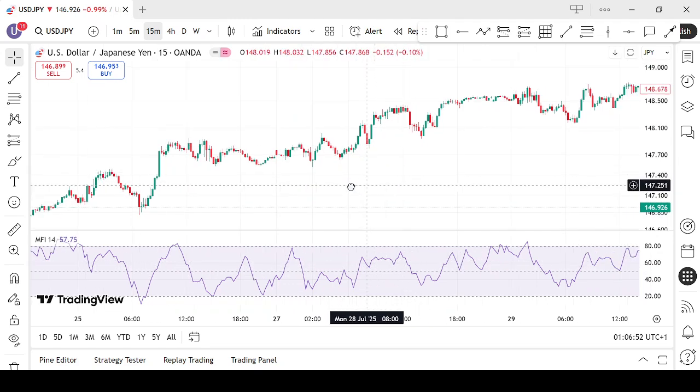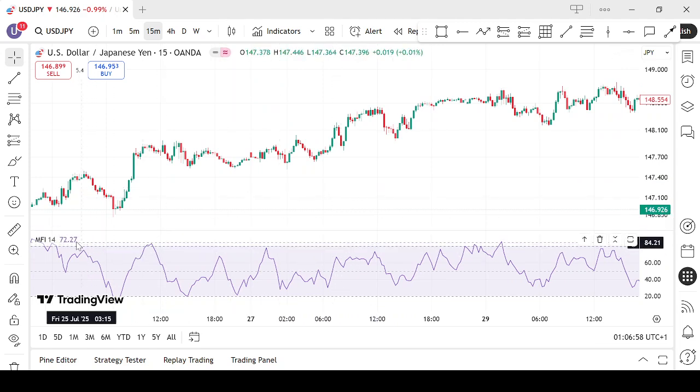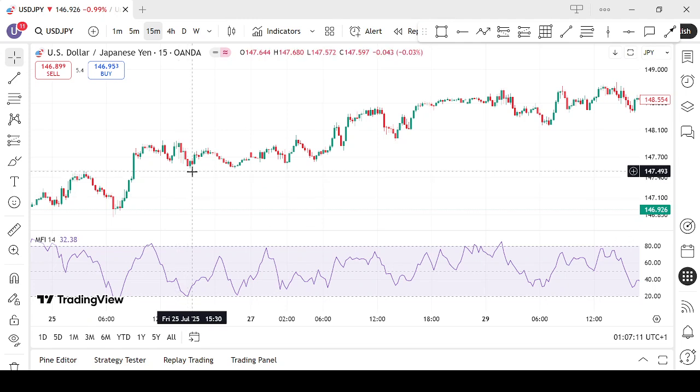The MFI is calculated by first determining the typical price of a security. It is then multiplied by the volume to obtain the raw money flow. Positive money flows are summed when the typical price increases, and negative money flows are summed when it decreases.